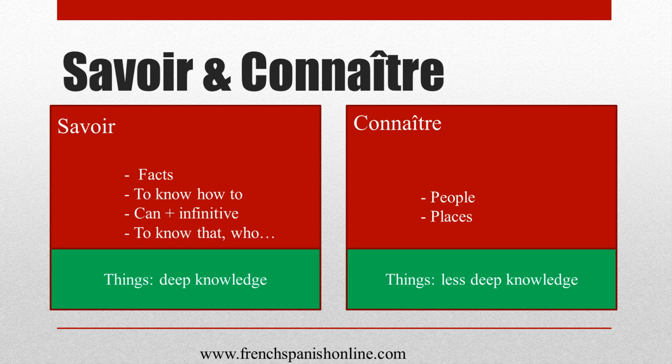Let's summarize again what we have just seen in this lesson. First, the difference between the two verbs. Savoir is for things that you can learn, you study, so you understand there is a deep knowledge. It's for facts, to know how to, translating can plus infinitive, and to know followed by a clause.